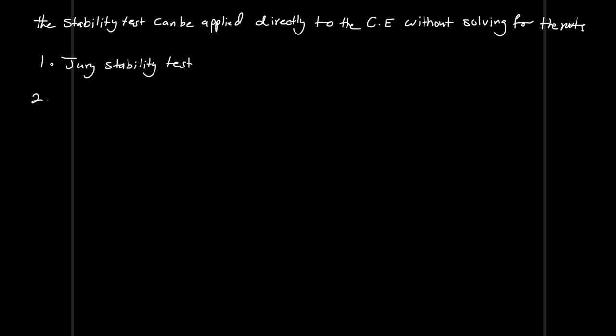And the second one from the continuous control system is the Routh stability test coupled by bilinear transformation.